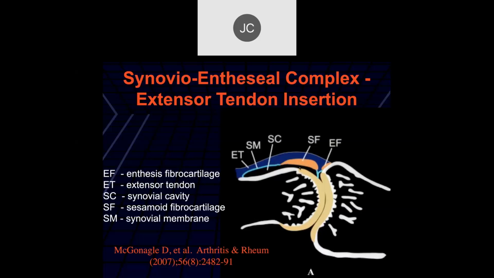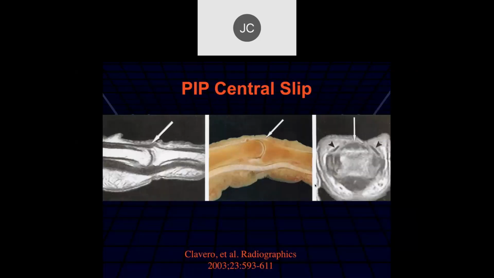Also here, where you have a constant rubbing of the tendon against the metacarpal head, you get something that looks a little bit more like articular cartilage. And then we have the synovial sheath, synovial membrane, and the extensor tendon, and then obviously the articular surfaces of the joint itself. That can mean that you can have some inhomogeneous signal intensity in these locations.